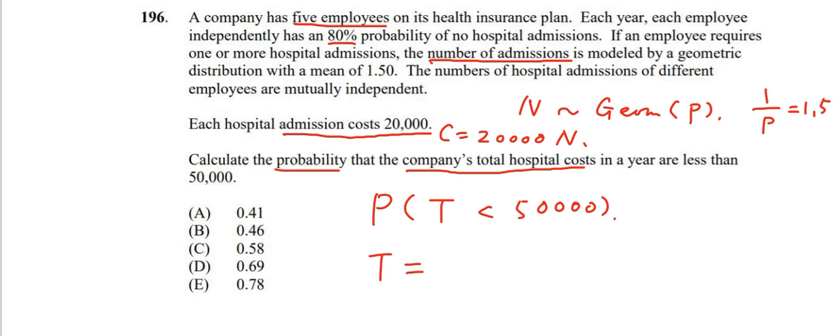We have 5 employees, so the total cost is C1 plus C2 plus C3 plus C4 plus C5, right? Here C1 is the first employee's cost, and C2 the same. Okay, so we want to find T less than 50,000.